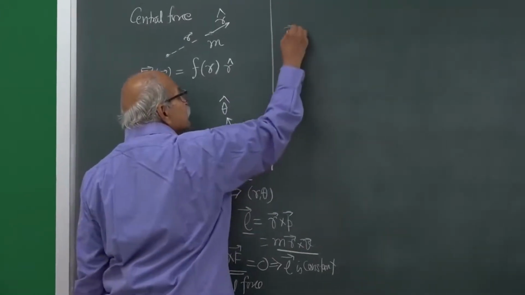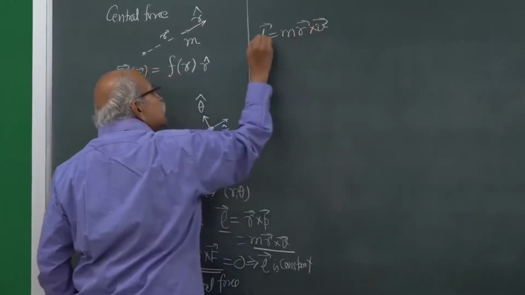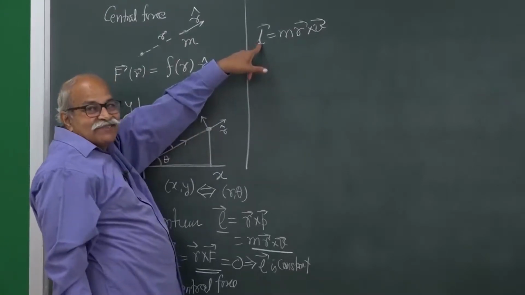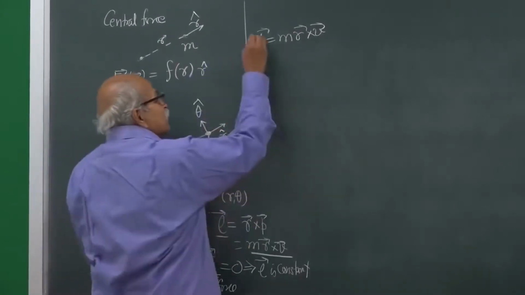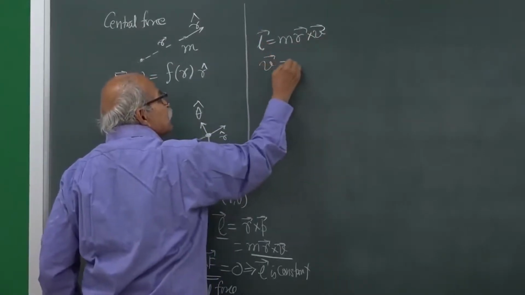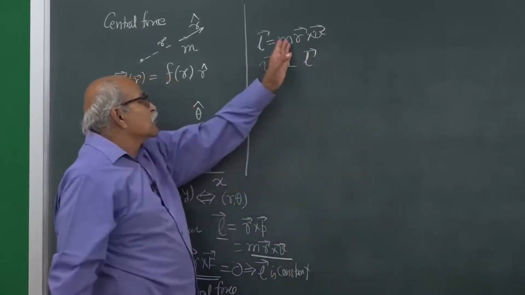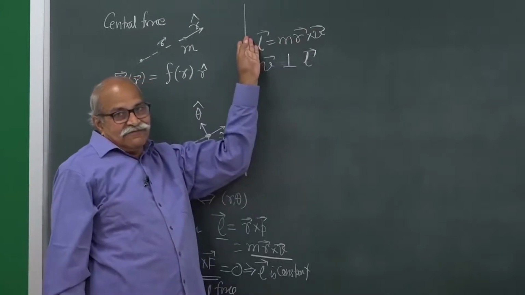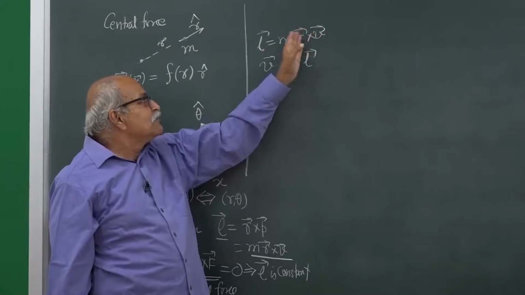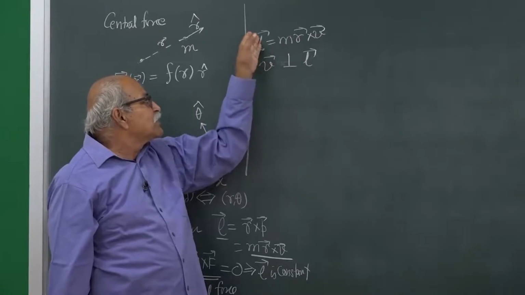L vector is equal to mass times r cross v, and this is a constant vector, remember. That is how the cross product is defined. The cross product of two vectors is perpendicular to each of these two vectors. So, L is perpendicular to r, L is perpendicular to v.